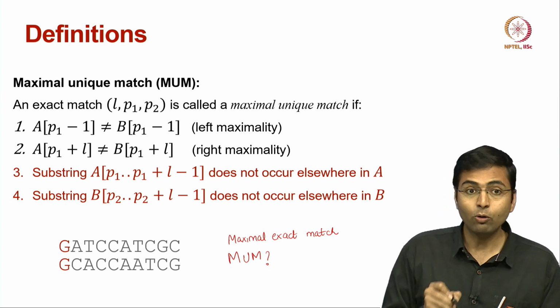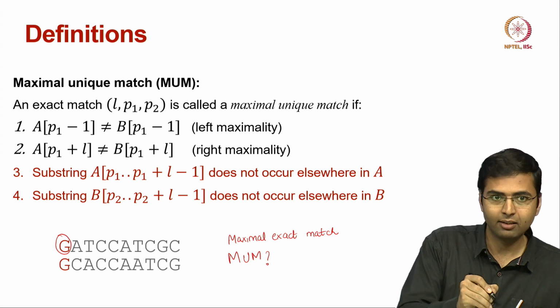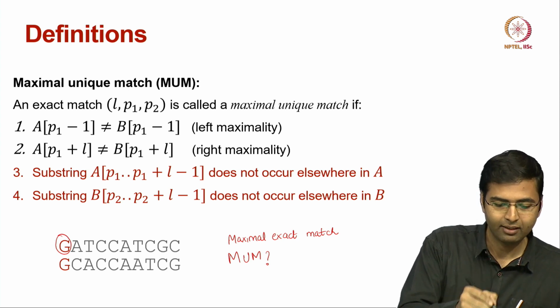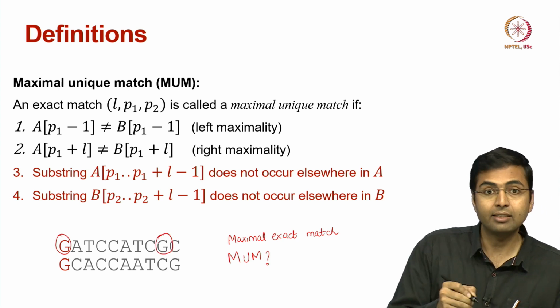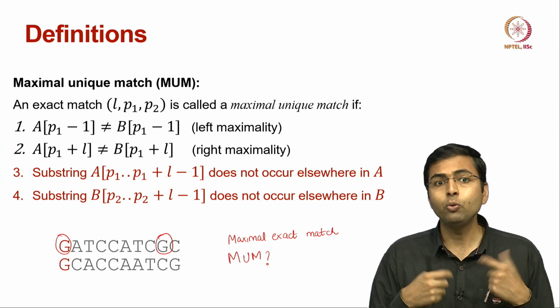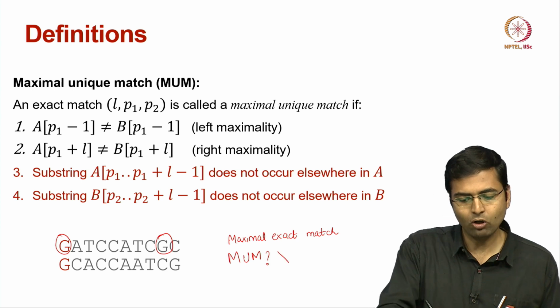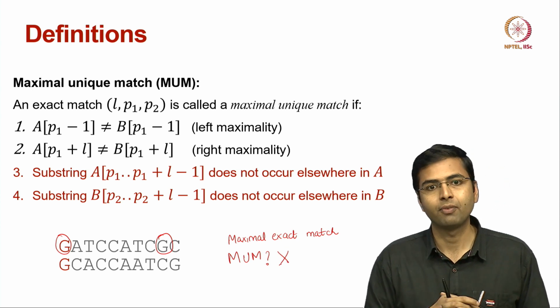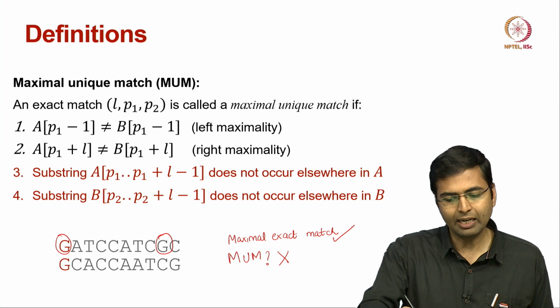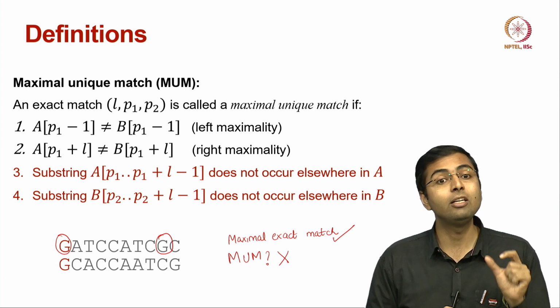In this case it turns out no, because observe that this substring is not unique in the sequence A. For example, G occurs again at this position. Therefore, it is not a unique substring of sequence A. As a result, it is not a maximal unique match. Even though it is a maximal exact match, it is not satisfying the uniqueness property.